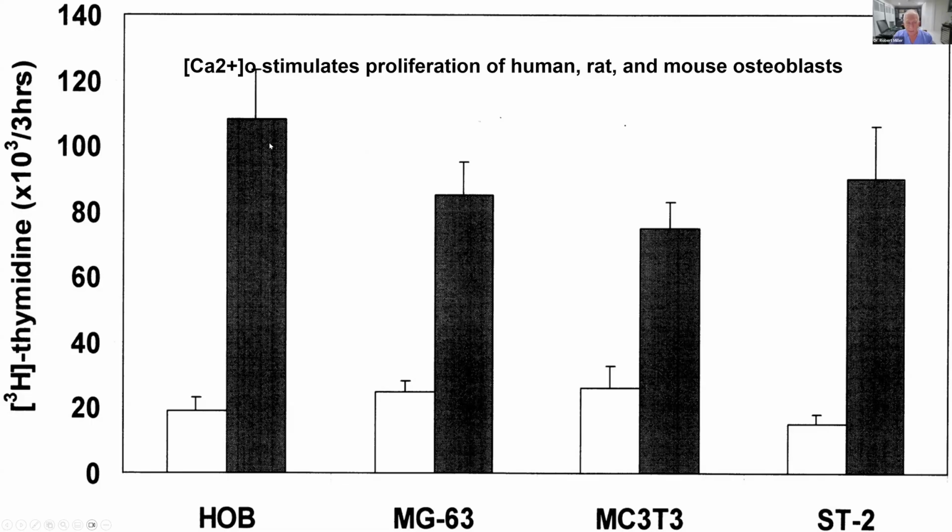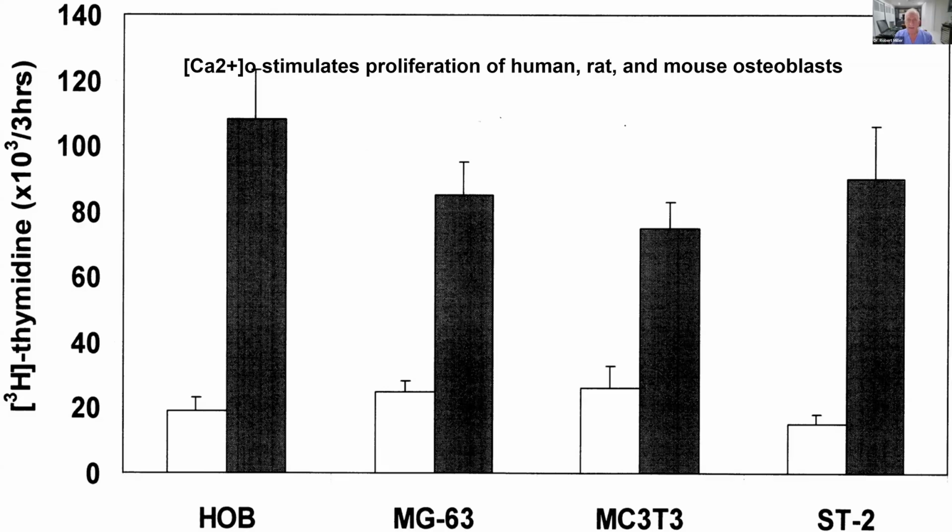The black column represents how many osteoblasts are present when the right amount of calcium is being released by a bone graft material. And we can upregulate that up to 500% if we have the right chemistry. So, if you want to have more bone producing cells, more osteoblasts, use a calcium releasing material.